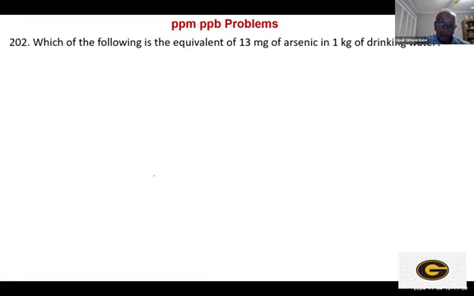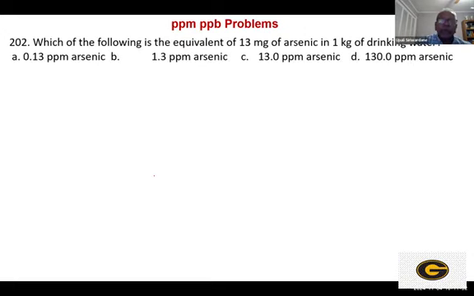Now let's look at the ppb problem. 30 milligrams in 1 kilogram is 30 ppm. How do I know? 1 milligram per 1 kilogram is 1 ppm. 30 milligrams in this 1 kilogram is 30.